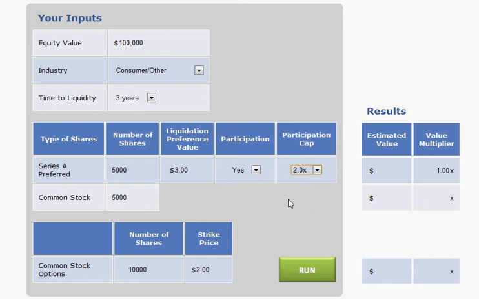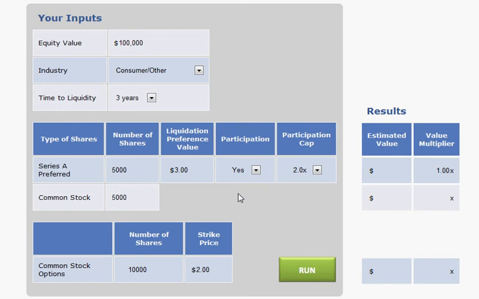So in other words, the cap is expressed as a multiple of liquidation preference typically, and it limits the amount of money that preferred shareholders can receive as a result of this arrangement. In this case, preferred shareholders can participate, but they cannot get more than $6 payout from this company. It's $3 times 2, so that's the limit to how much they can get.